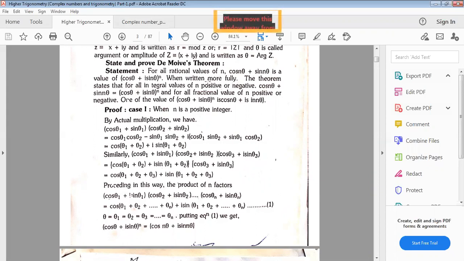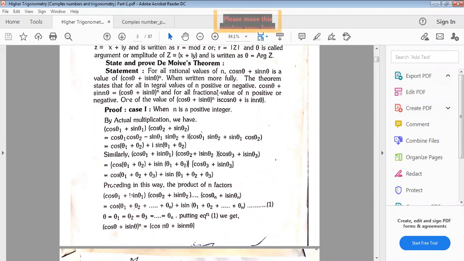When written more fully, the theorem states that for all integral values of n, positive or negative, cos n theta plus I sin n theta equals (cos theta plus I sin theta) to the power n. And for all fractional values of n, if we consider n other than positive or negative integers, fractional value means what?